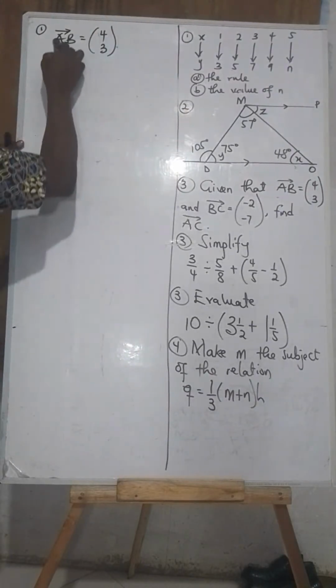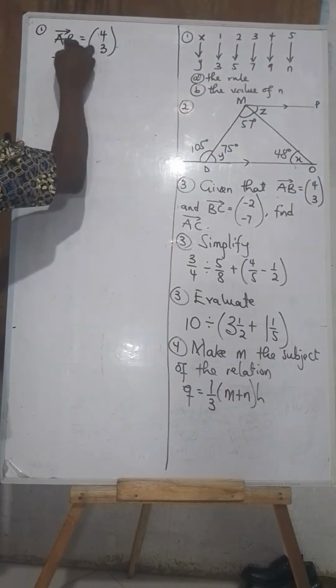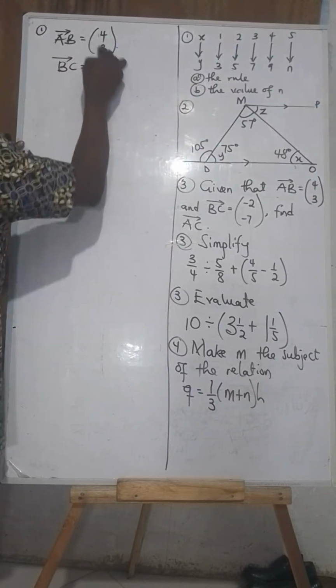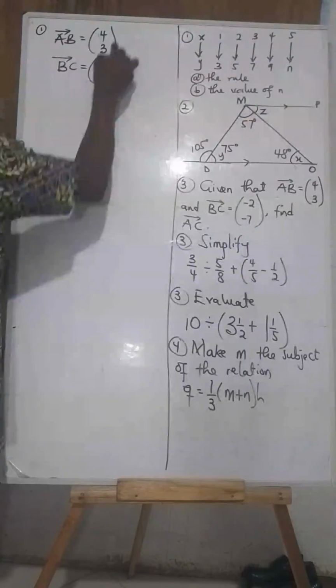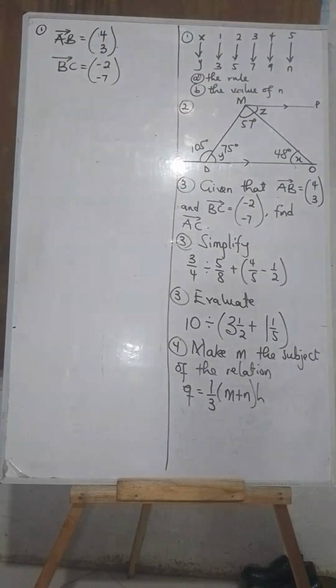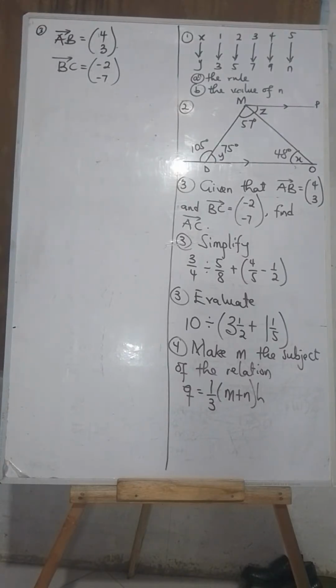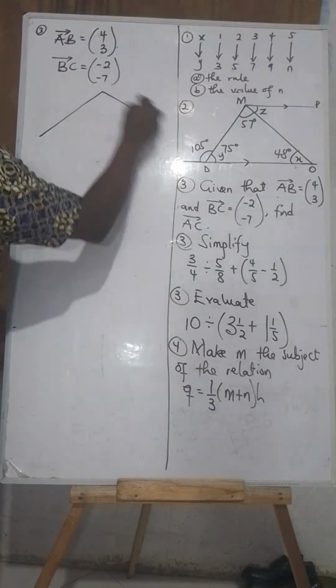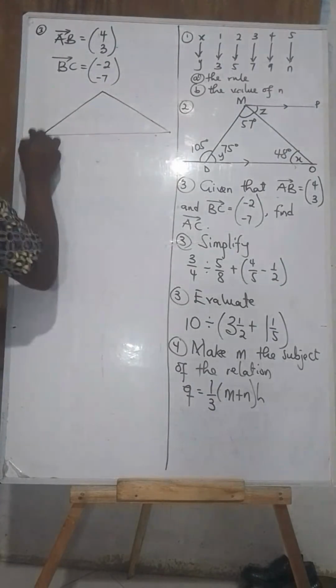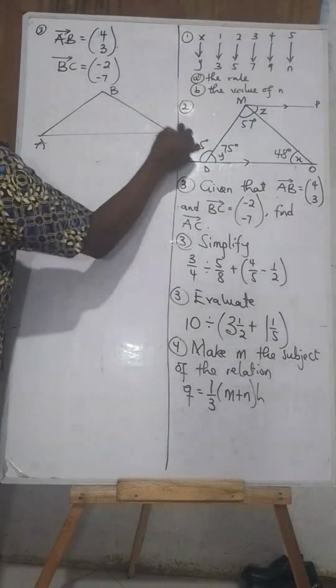Then we are given BC to be (-2, -7). Right. So to use resultant vectors, this question 3, sorry. To use resultant vectors, you see we have A to B to C.